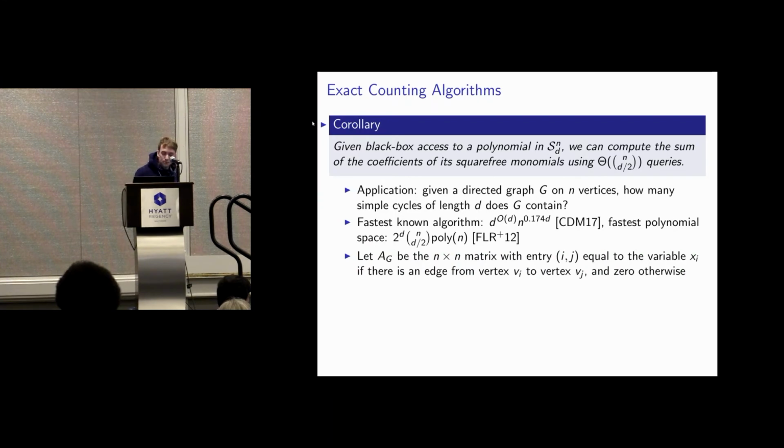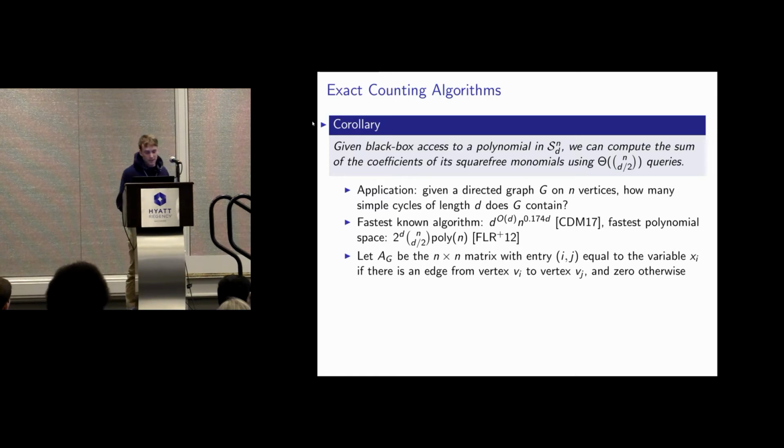So we can solve the problem as follows. I'll give a faster polynomial space algorithm right now. So let A sub G be the matrix whose ijth entry is equal to the variable x_i if there's an edge from vertex v_i in G to vertex v_j, and we set this entry to be 0 otherwise.